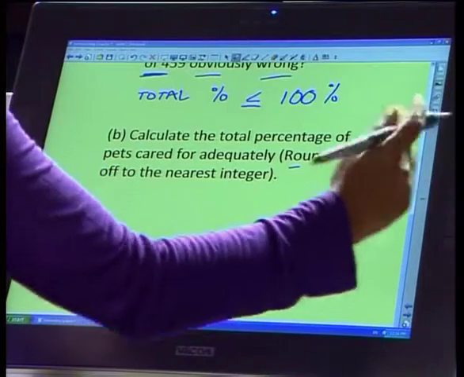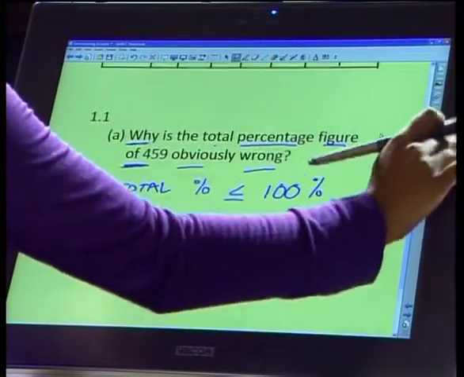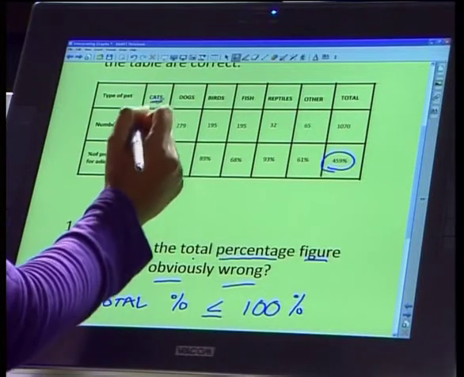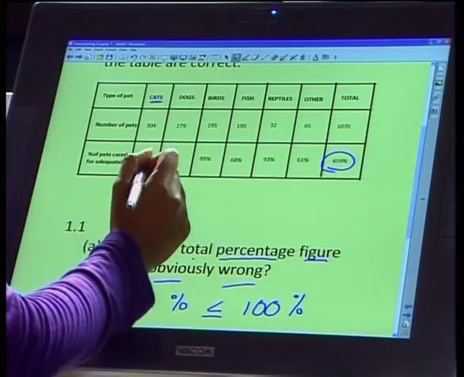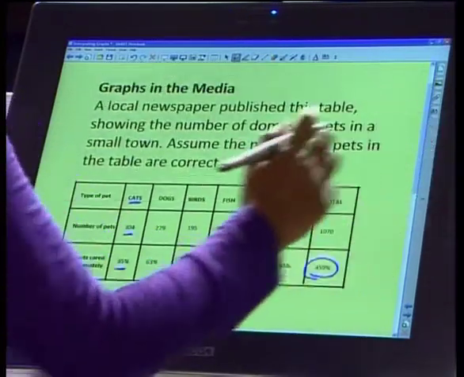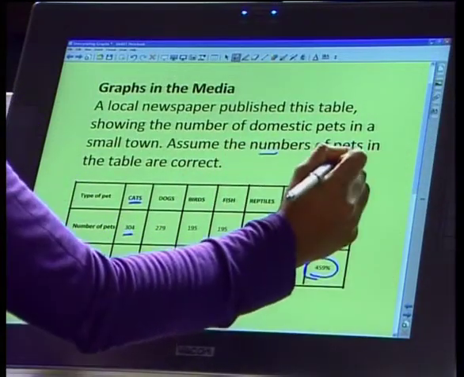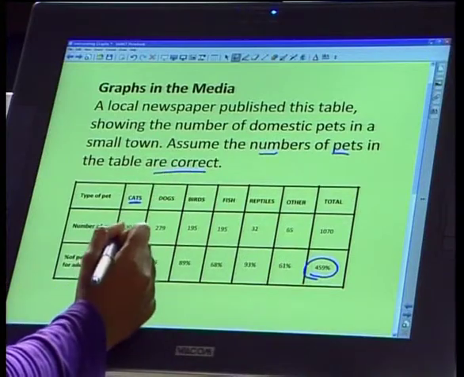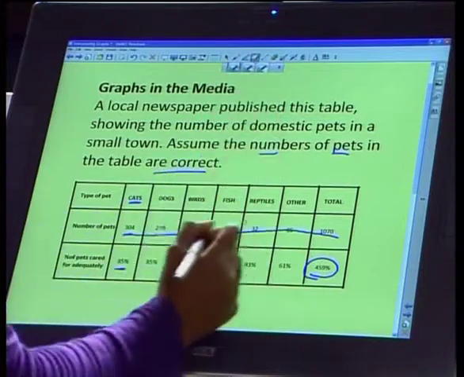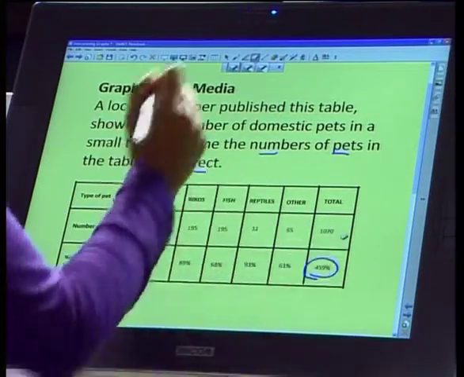We see that 85% of all cats are cared for adequately. And we know that there are 304 pets, and they told us in the beginning that the number of pets are correct. So this row, all of those numbers are in fact all correct.